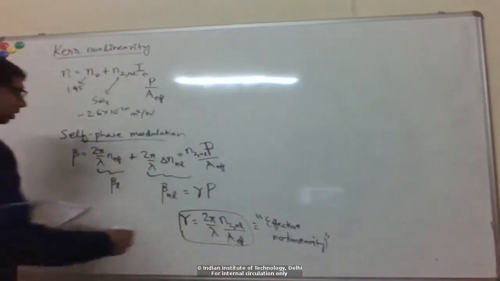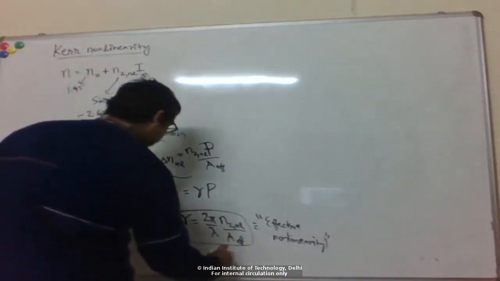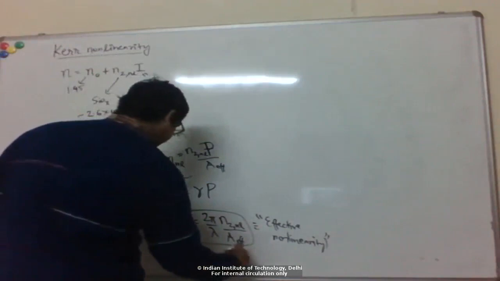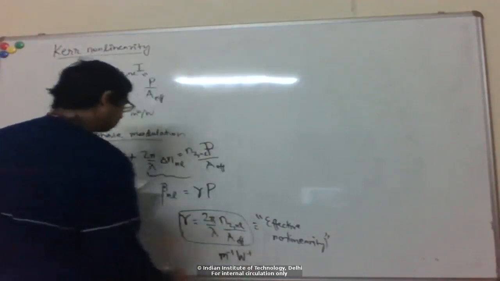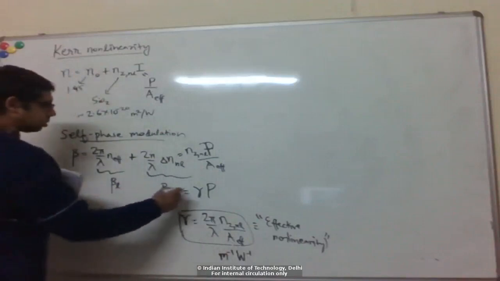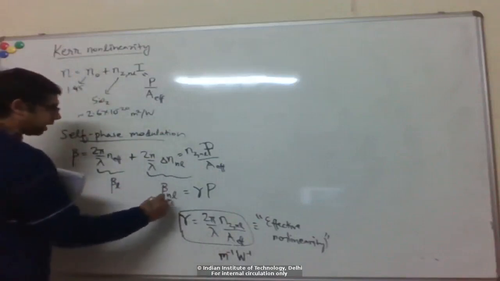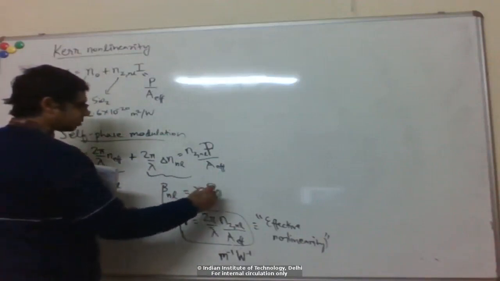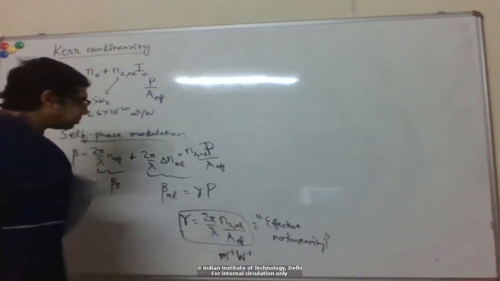You can see this has units of per length per power. The propagation constant has units of per length, and on the right hand side you have gamma times power, which is watts. So gamma has units of per length per watt.